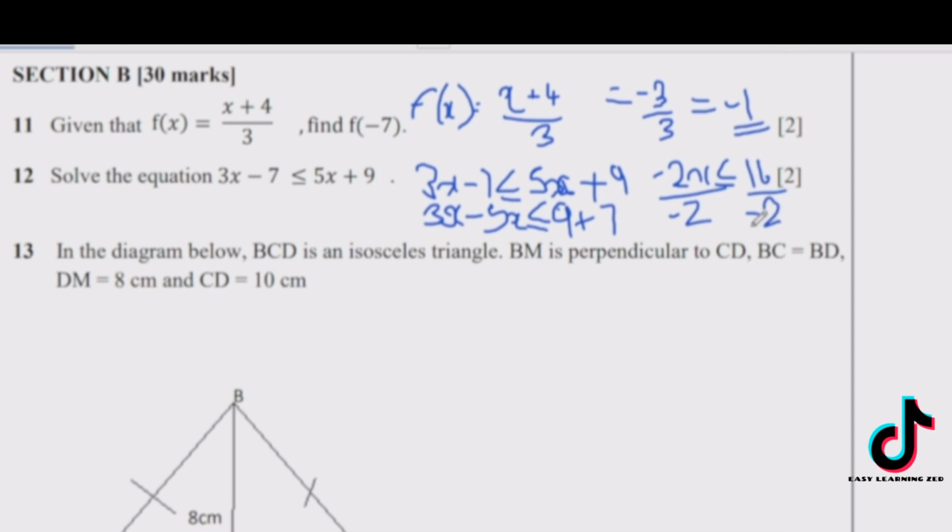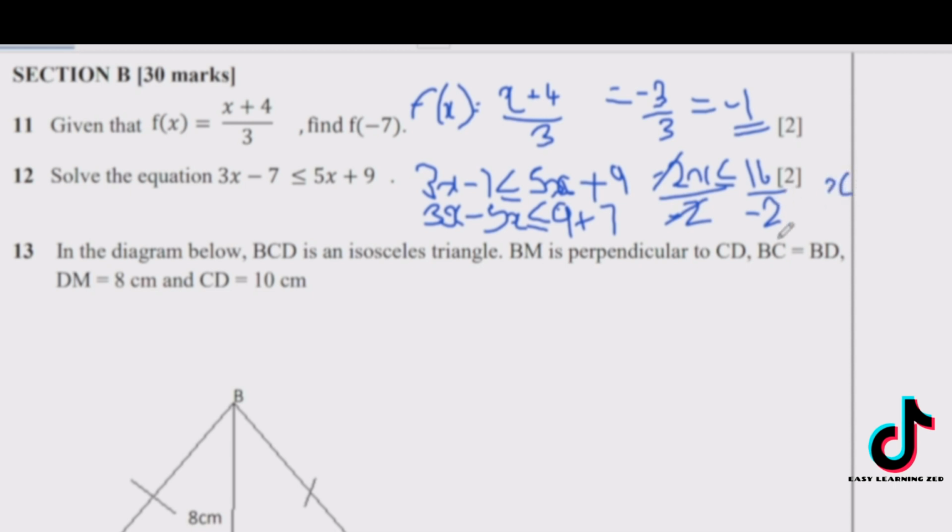I hope you are following me. So -2 on top and -2 down will cancel each other, leaving us with the x.